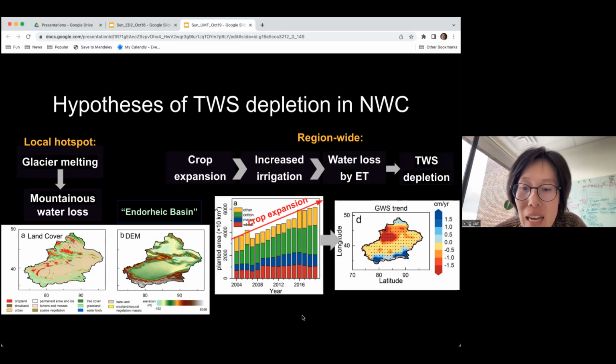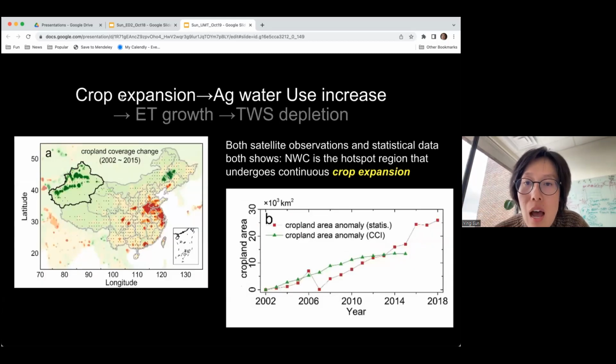So we would like to test our hypothesis through this chain of linkages. First, we would like to look at the crop expansion versus agricultural water use in this region. When we look at the crop coverage changes using satellite measurement, we clearly see this huge increase of the crop planted area.